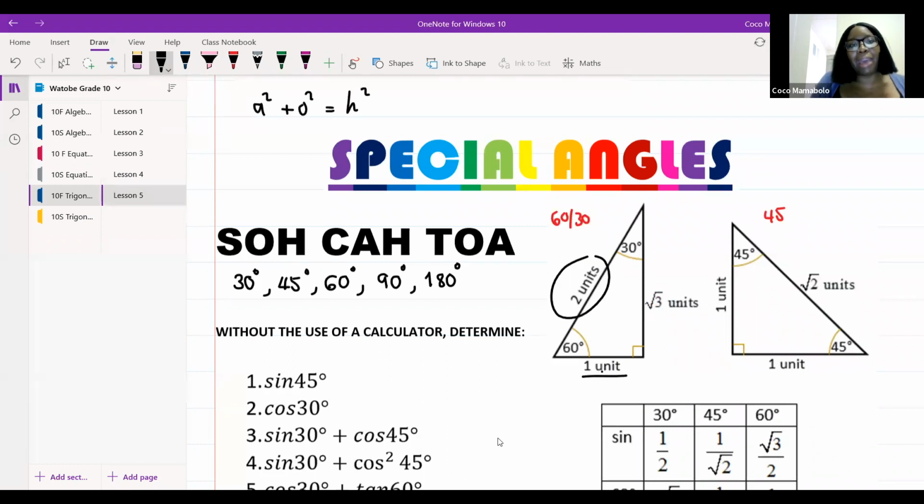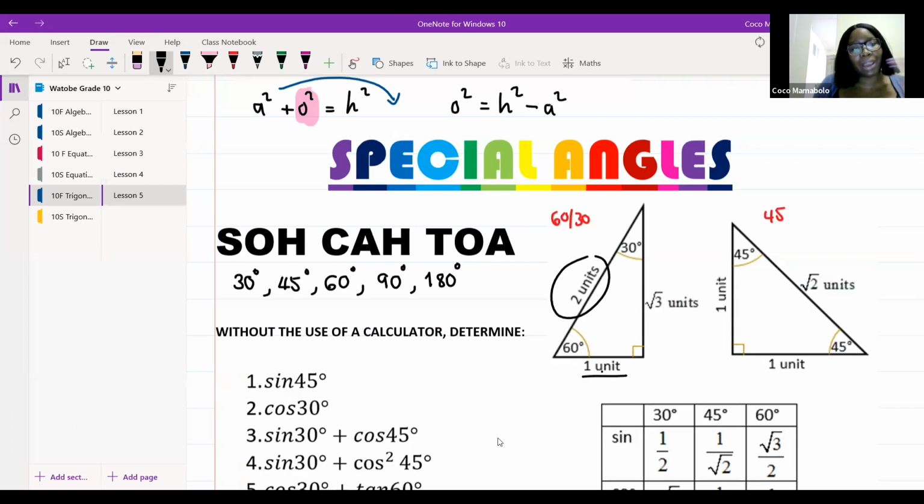If I have my adjacent and my hypotenuse, I'm going to make my opposite the subject of the formula. So I'm going to take my adjacent over to the other side of the equal sign. So it's going to become minus. What I'm going to end up with is opposite squared is equal to hypotenuse squared minus adjacent squared.